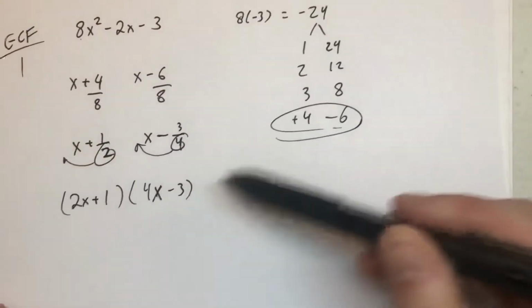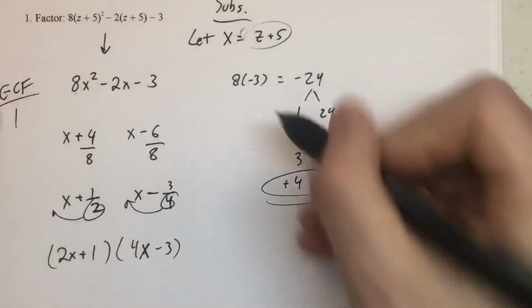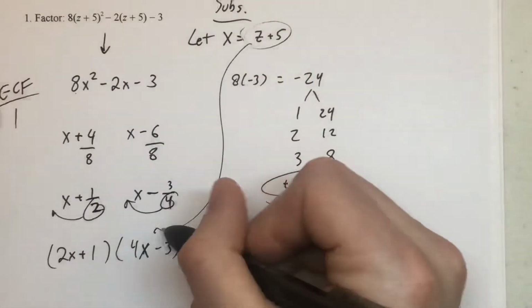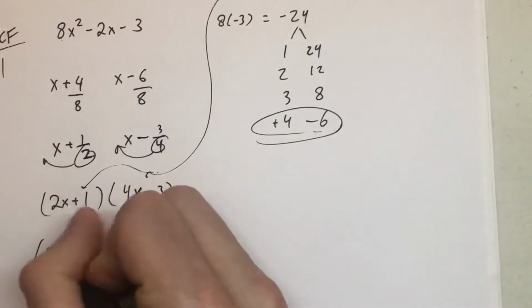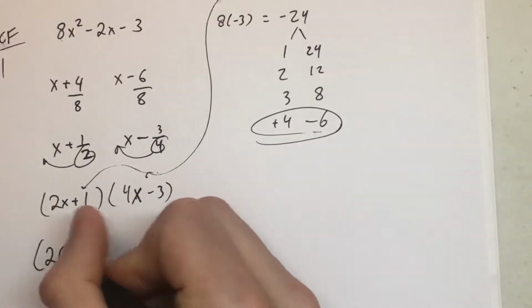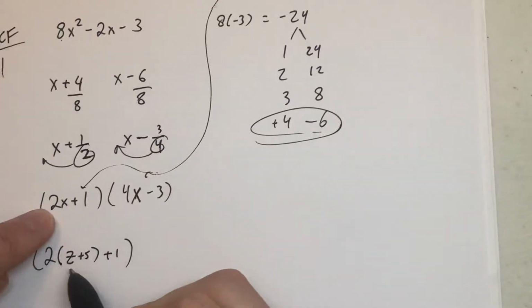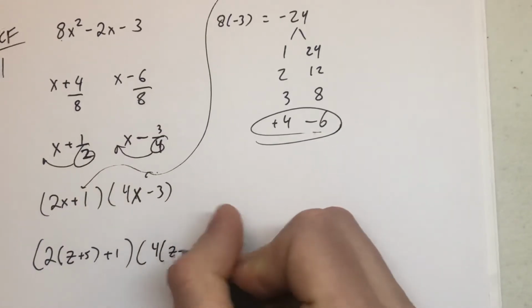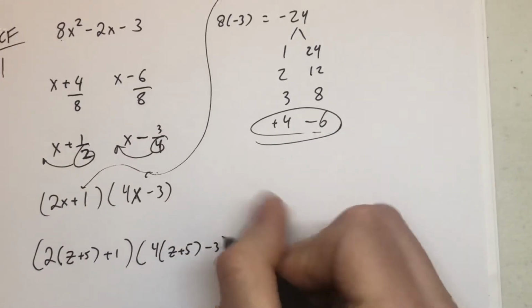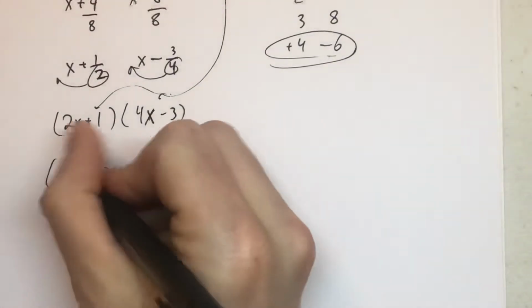For starters, we're not even using the right variable. So it's at this point when you're in that factored form, you want to substitute this z plus 5 back in for those variables. So to do that, you got 2 times z plus 5 plus 1. You're replacing that x with the z plus 5, and same thing over here. 4 times z plus 5 minus 3, and then you do a little bit of distributing, a little combining like terms.